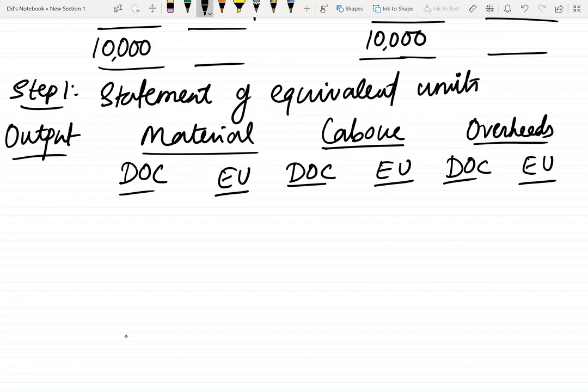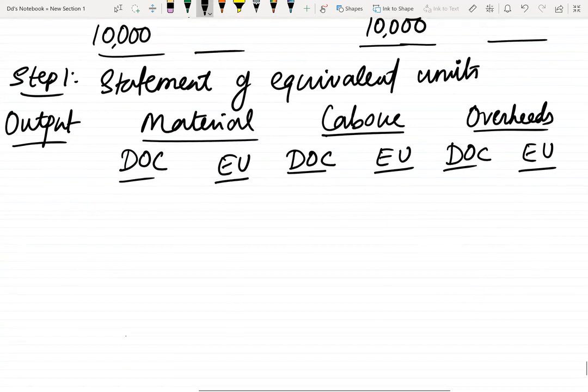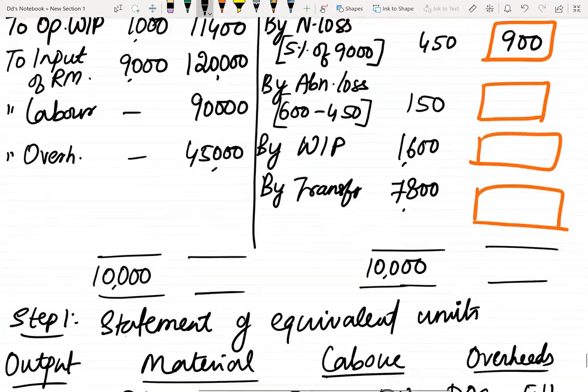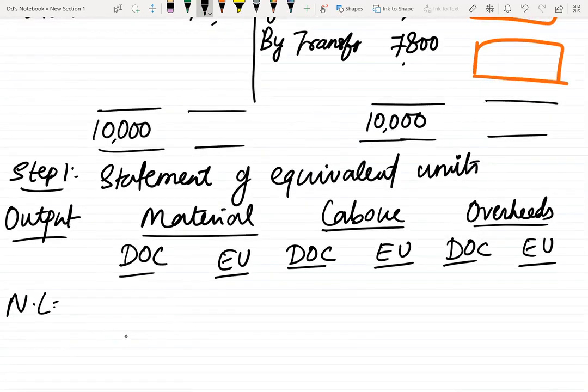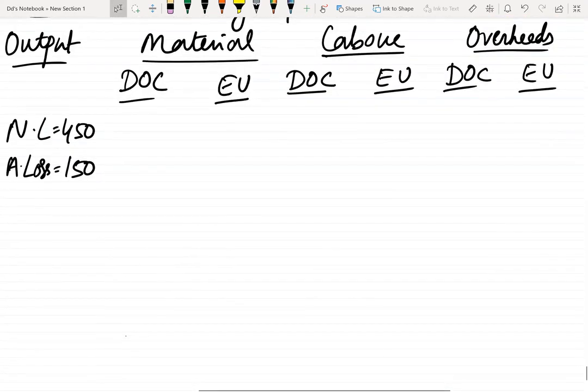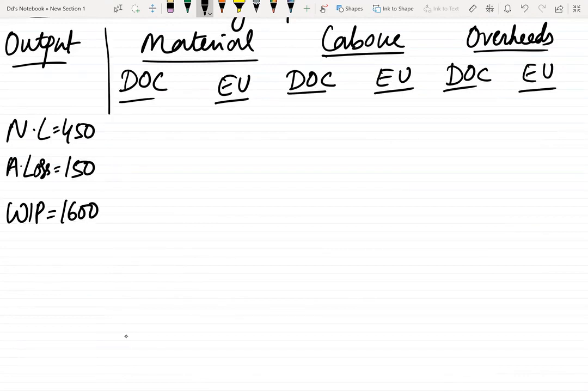Output you should copy from the credit side of your process account. I started with normal loss 450, then abnormal loss 150, then WIP 1600, transfer 7800.